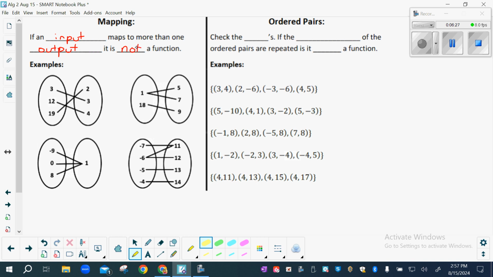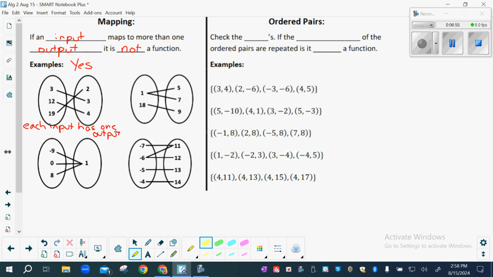So on this first one, do we have any input that maps to more than one output? No. We don't. The 3 maps to one output, 3. The 12 maps to one output, 4. The 19 maps to one output, 2. So it is yes. Each input has one output.